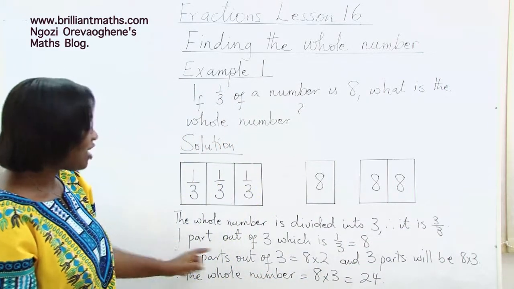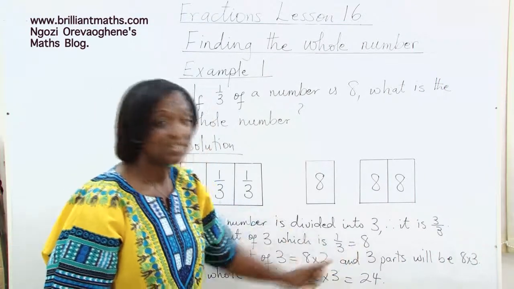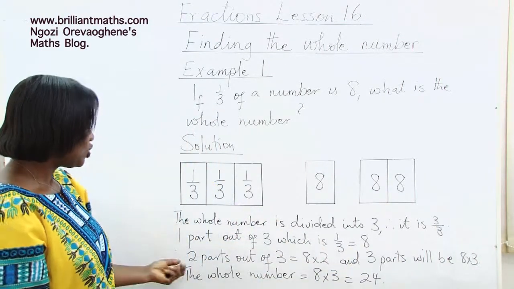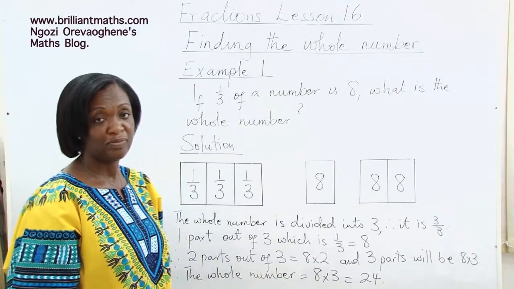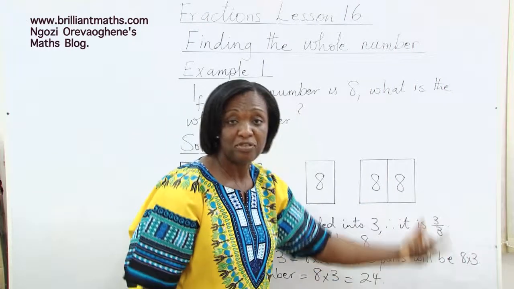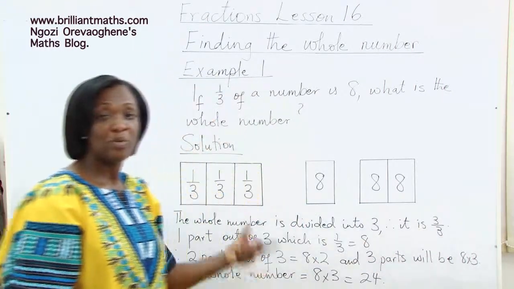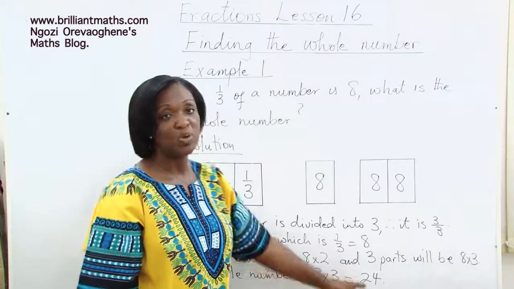If one part out of 3, which is 1/3, is equal to 8, that means that 2 parts out of 3 will be 8 times 2. And that also means that 3 parts out of 3, which is the whole number, will be 8 times 3. And 8 times 3 is 24.